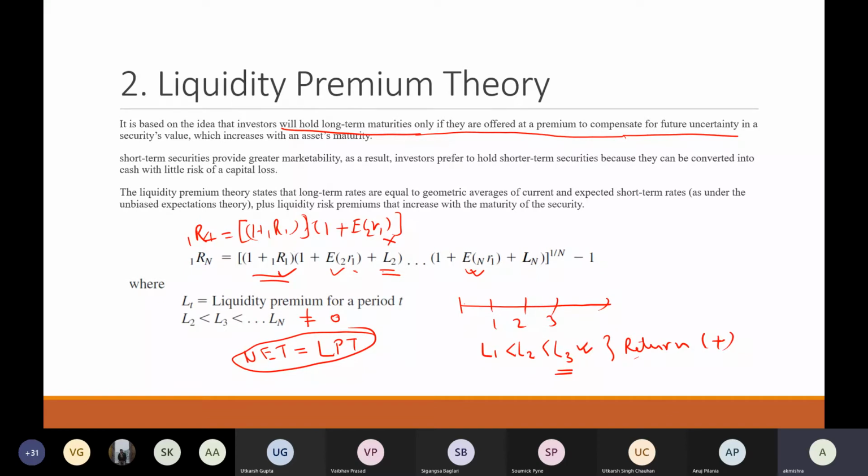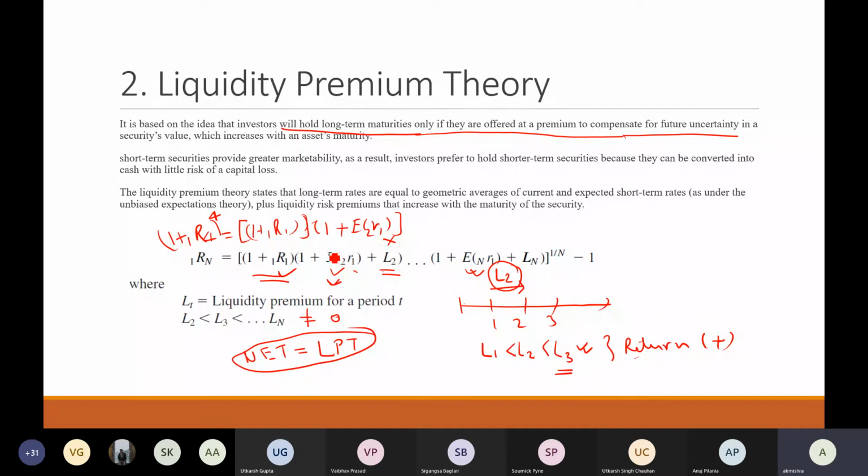But in the second year, when he is buying an instrument at the end of the first year for holding for another time period, he will add a liquidity premium, because for one additional year his money is going to be blocked. The expected return is this much, but the liquidity premium will be L2. The same way it goes on, and so this was 4.